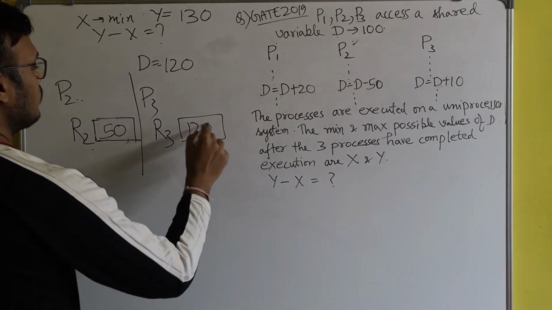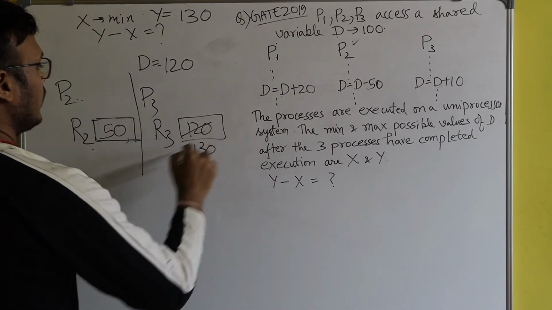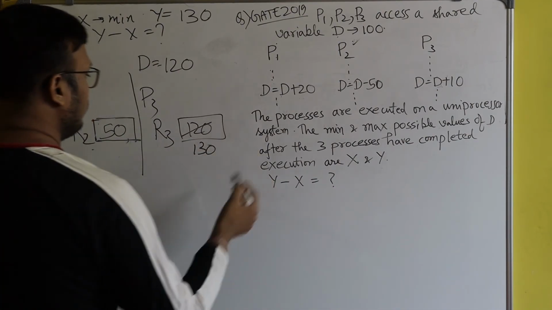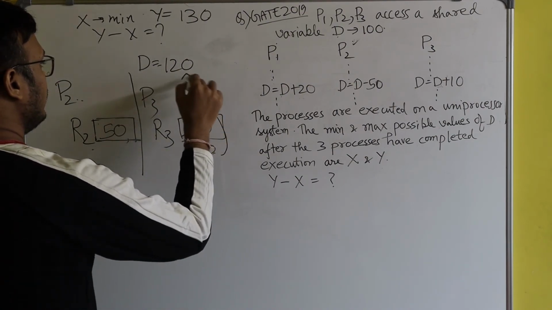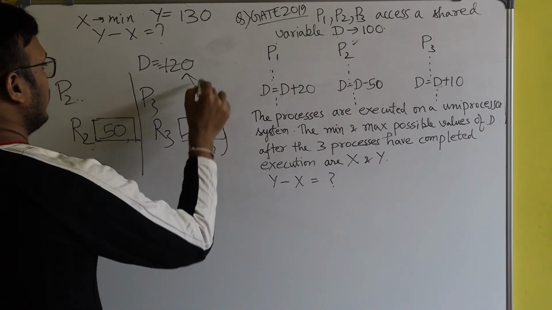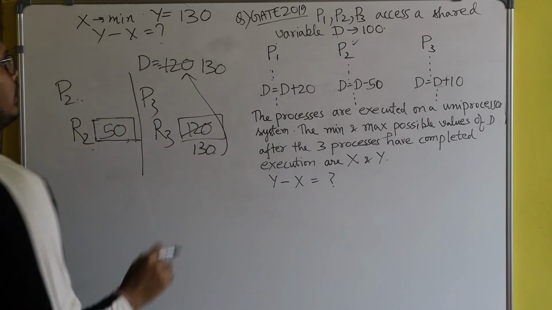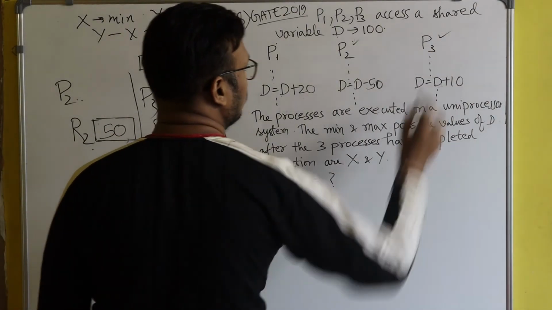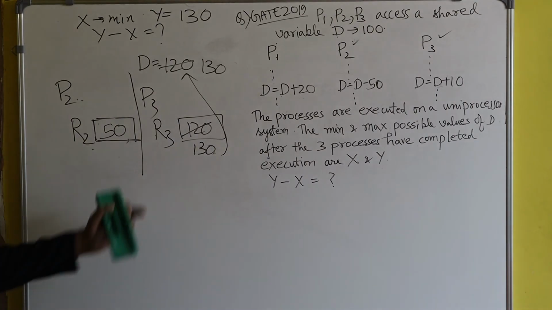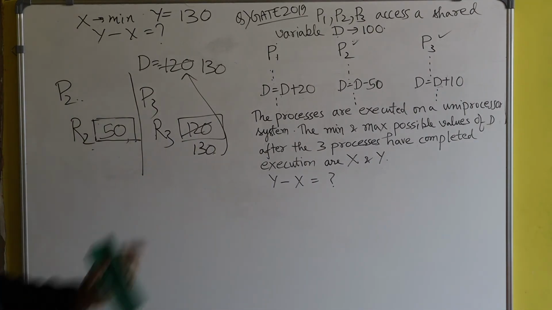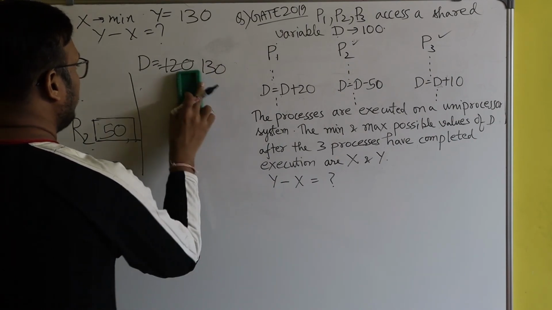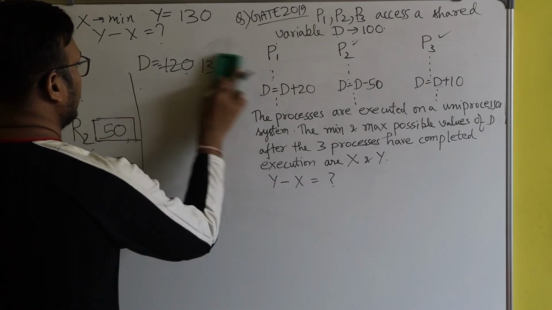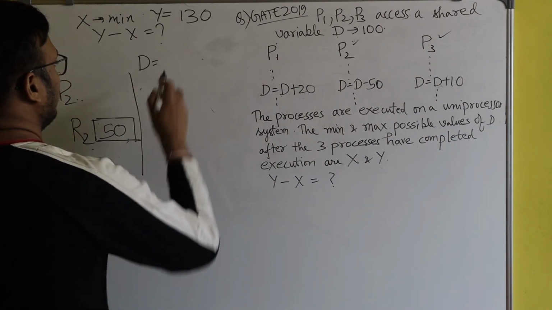So R3 contains 120 plus 10, 130. And now P3 will store this value back to the variable D. So now variable D contains 130. The task of P3 is also over, because P3 has also done its storing part. So both P1 and P3 have completed their tasks, and the value of D is 130.